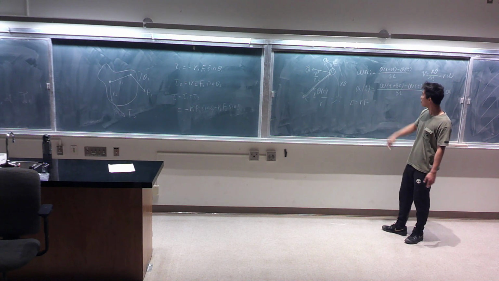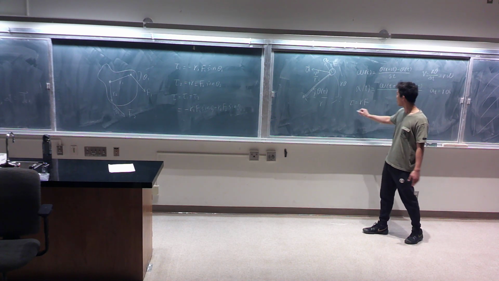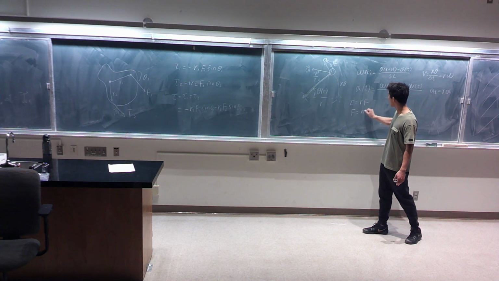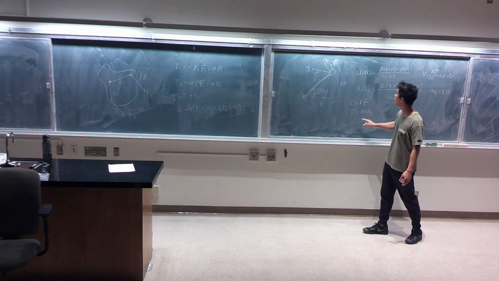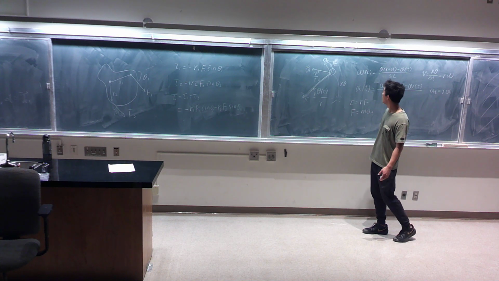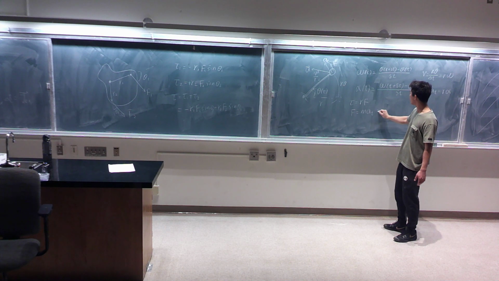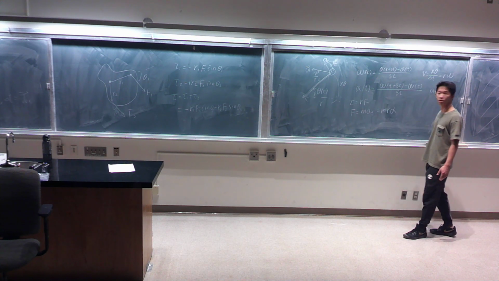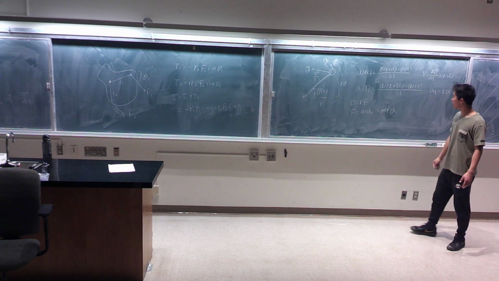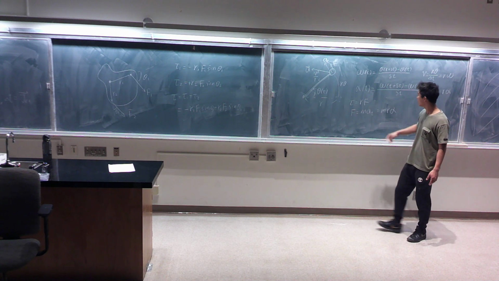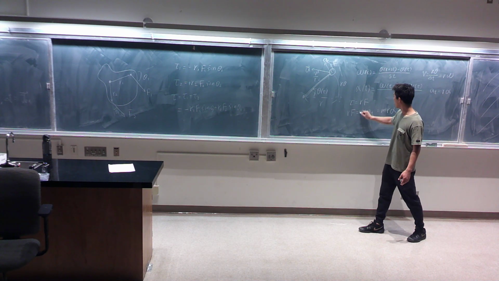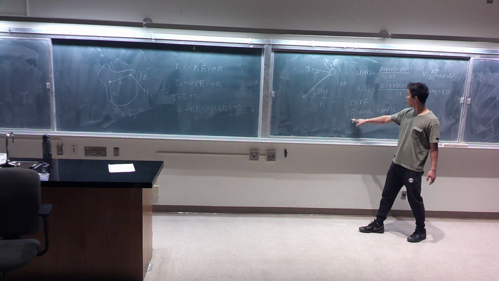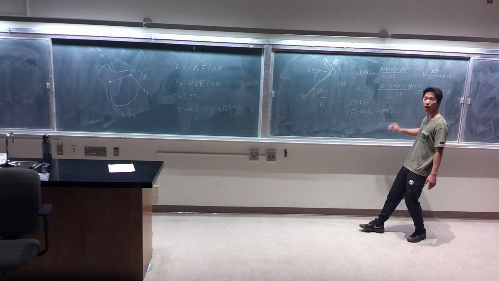Alright, so this is the torque, but using F equals ma, you know this force is going to cause the tangential acceleration of this ball. And that should be m times r times the angular acceleration. So compare this with this, you get torque equals m r squared times alpha.